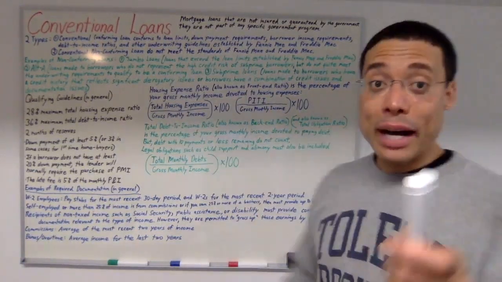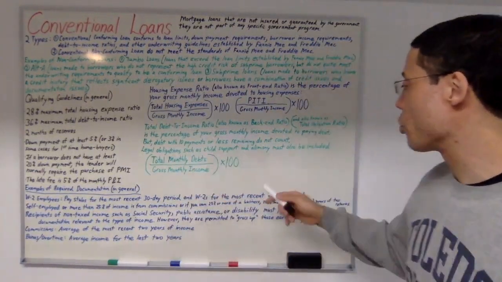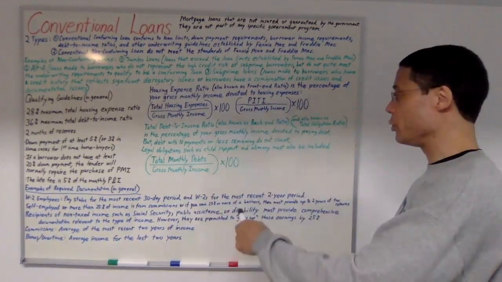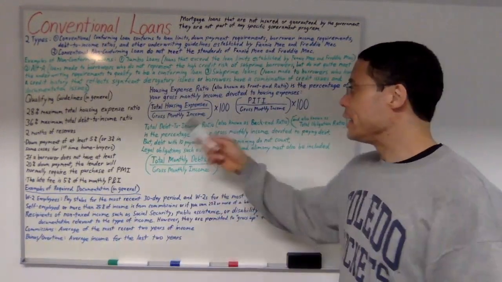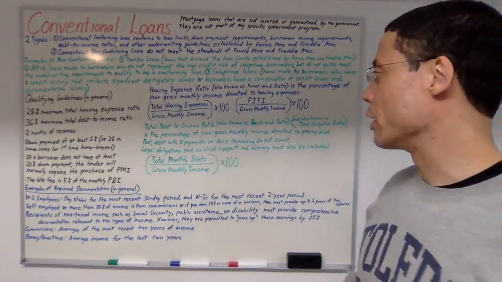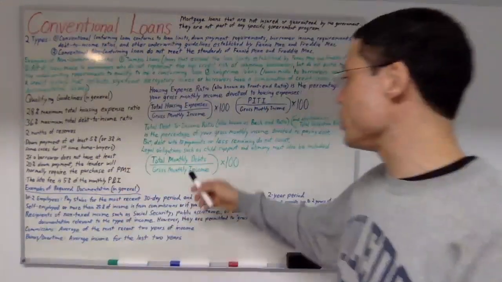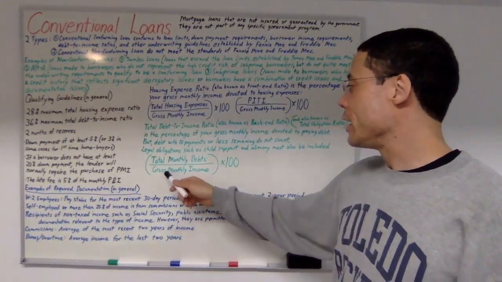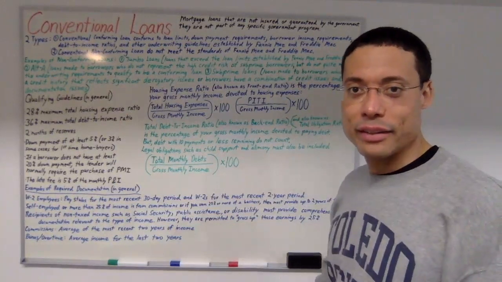However, legal obligations such as child support and alimony are counted. You have to include legal obligations such as child support and alimony in your calculation for debt to income ratio. Now, how do you do the calculation? You take your total monthly debts, divide by the gross monthly income, and multiply that by 100.